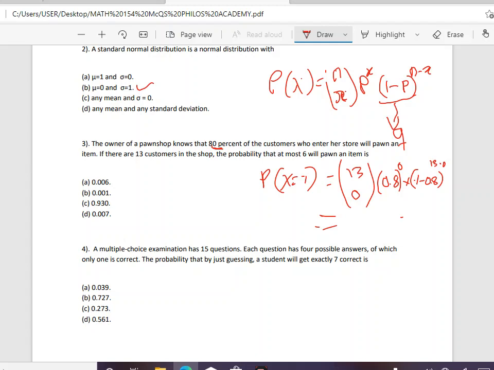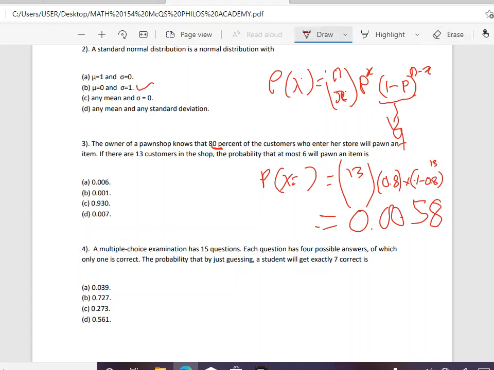It means that press 13, then you press shift and the division sign to give you C, that's combination. Then you press 0 times, then you input 0.8 exponent 0 and the rest. When you fix it well, I believe you get 0.0058.